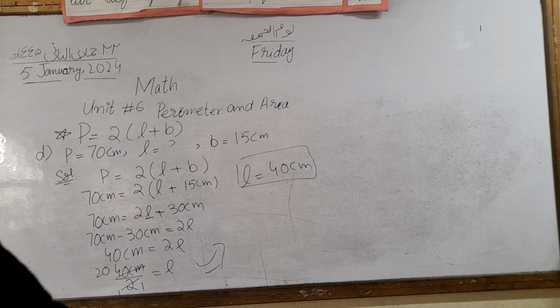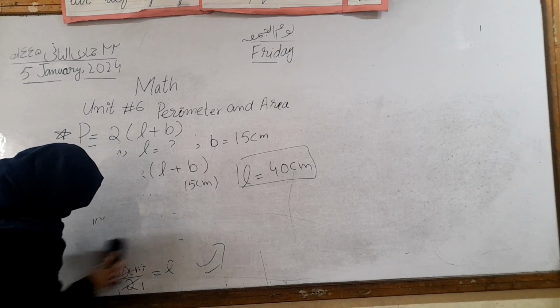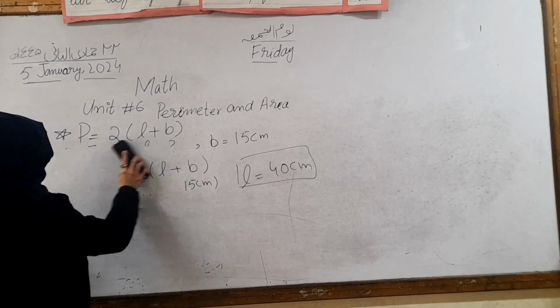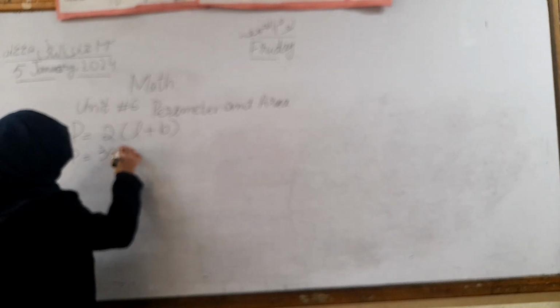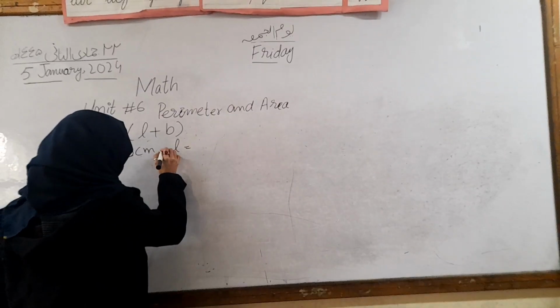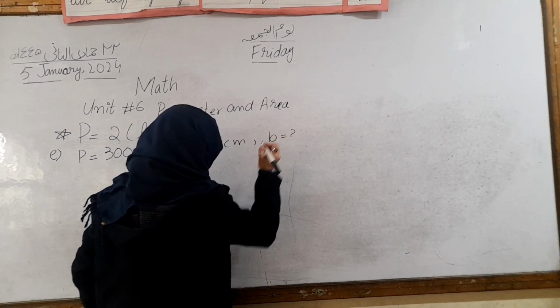Now we have E part, in which perimeter is equal to 300 centimeter, length is equal to 100 centimeter, and you have to find the value of breadth.